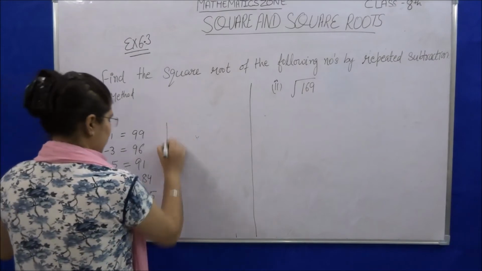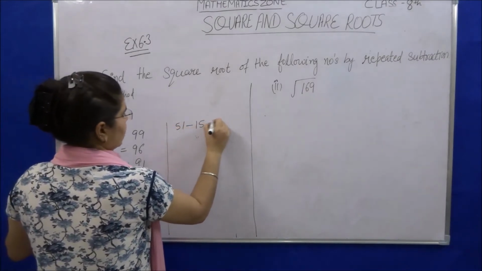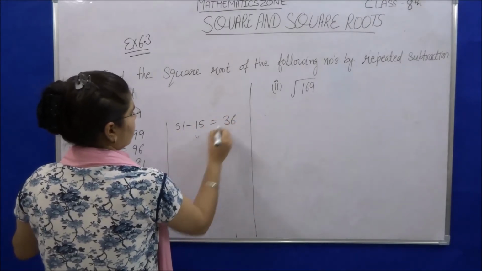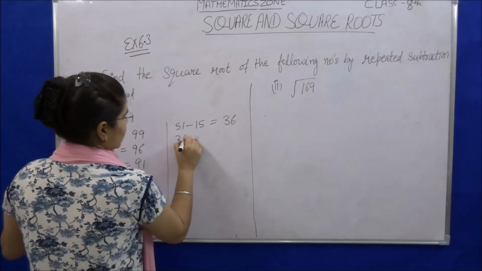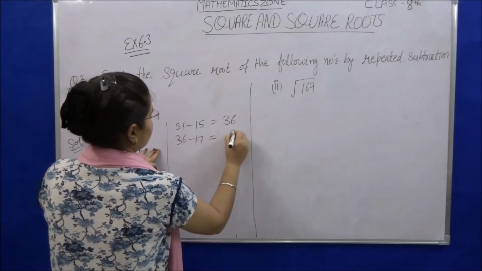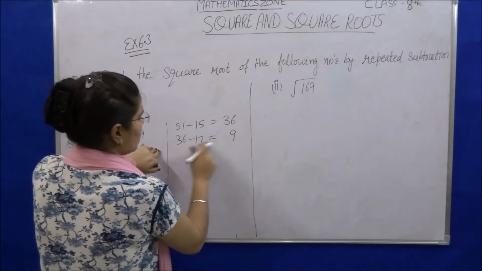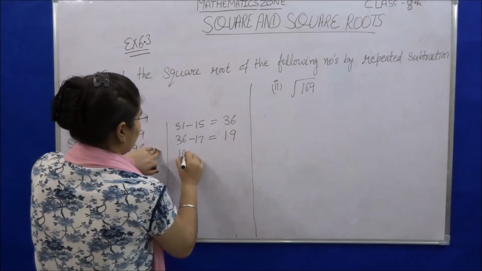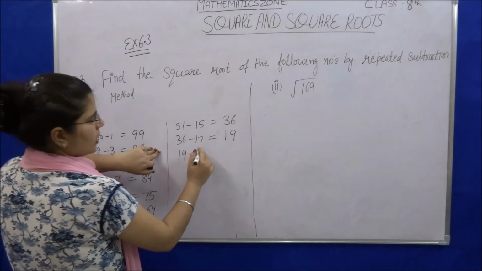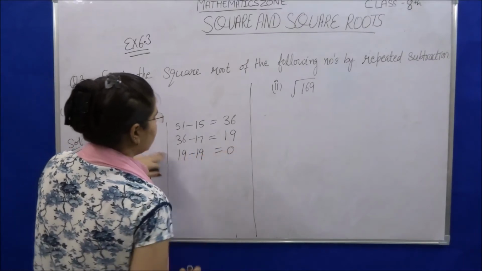Now next is 51 minus 15, that will be 36. Now 15 के बाद 17. 36 minus 17 will be 19. Now 17 के बाद next number will be 19, that is an odd number. So 19 minus 19 will be 0.